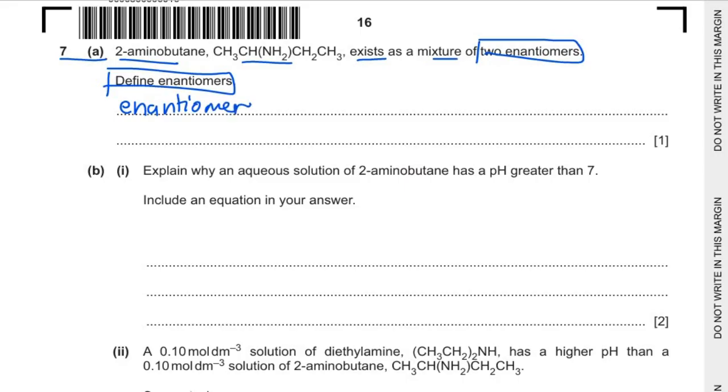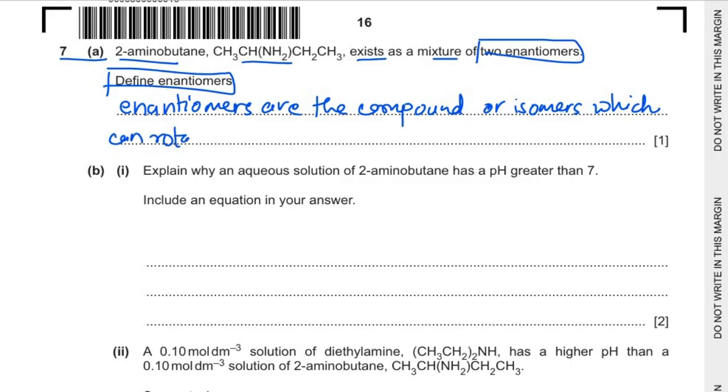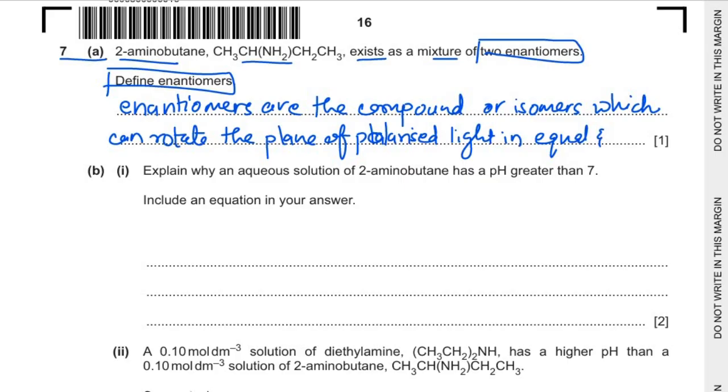Enantiomers are the compounds, or you can even say isomers, which can rotate the plane of polarized light in equal and opposite direction, that are called the enantiomers.